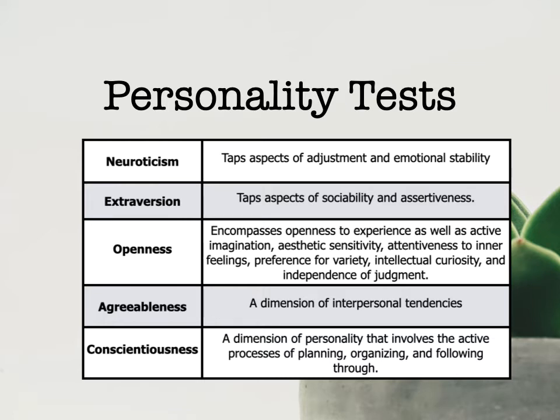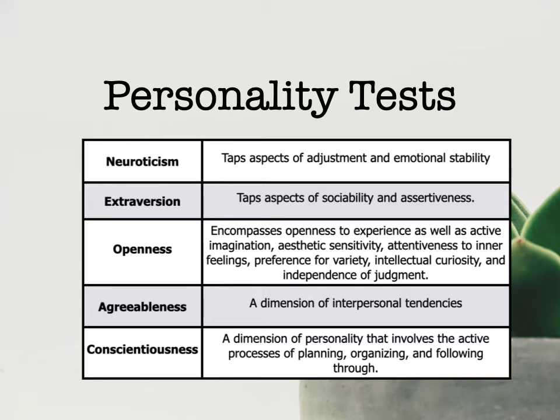You also have agreeableness, a dimension that has something to do with social relationships or interpersonal tendencies. And lastly, you have conscientiousness, a dimension of personality that involves the active processes of planning, organizing, and following through. So these are again the 5 major domains of the Neo-PI-R.